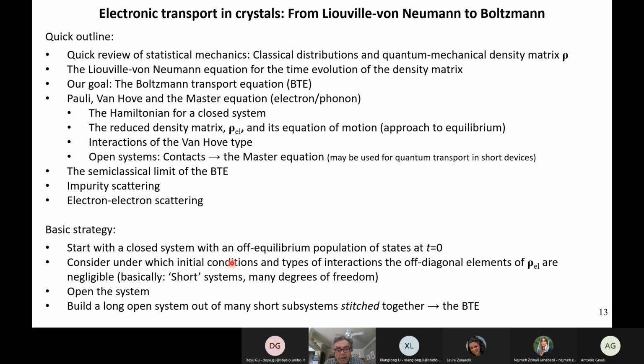This will be where we can define the interactions as described by a master type operator. And then we'll go to the semi-classical limit by slicing a long device, our 10 micron long device, into many small regions in each of which the master operator describes scattering, so that it satisfies the Van Hove conditions, and we'll stitch them together and we'll recover the Boltzmann equation.